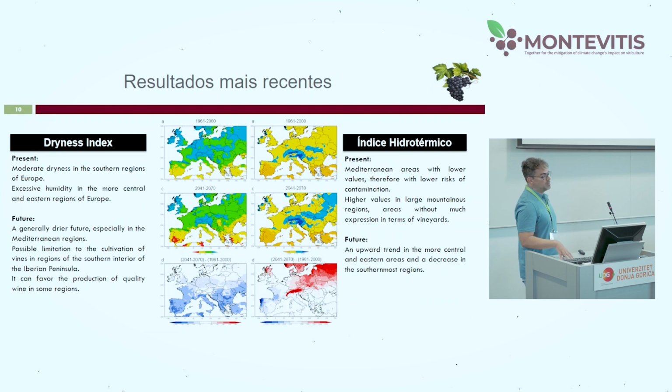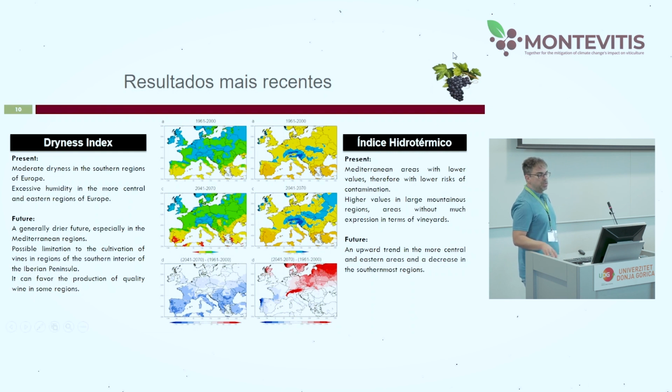Also, other indexes applied to viticulture. One is the dryness index, that's also very known around wine growers, and you can see that this index shows that particularly in some regions in the southern European area there will be a very strong increase in the drought, and this may affect the vineyards grown here.